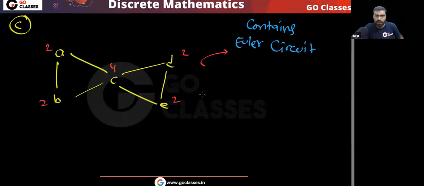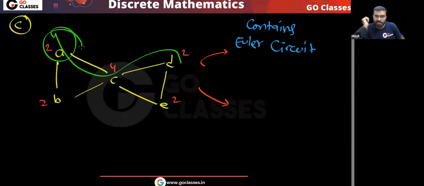So tell me, is this a Hamiltonian graph? Is there any Hamiltonian cycle in this graph? For example, if I start here, visit every vertex exactly once, then can I come back?